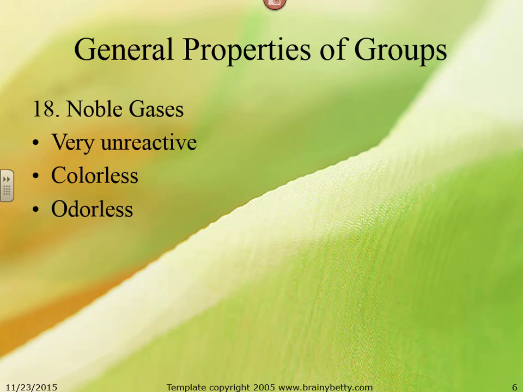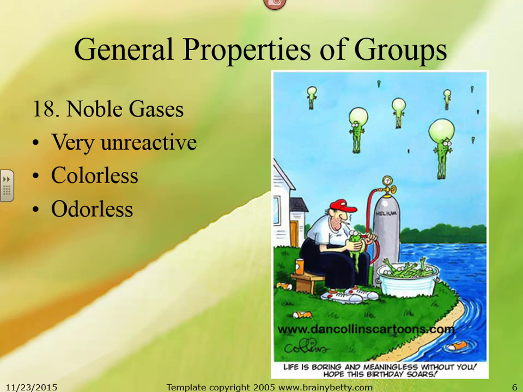You can't see them, you can't smell them. Very unreactive means that they don't make compounds very easily. They don't bond with other things very easily. Another name for these is called the inert gases. Inert means that they don't react.